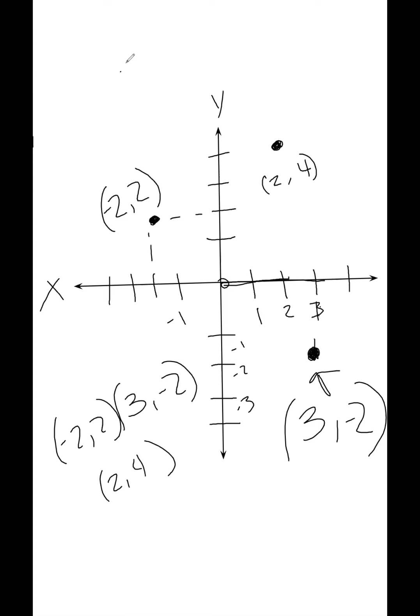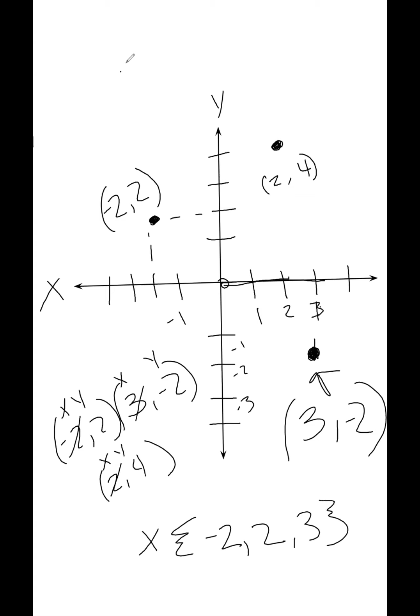Once you list your points, after you've looked at them, just label your X and your Y. And again, it's just asking you to list those numbers, your X values with the fancy brackets, least to greatest: -2, 2, and 3. Your Y values are -2, 2, and 4. And then you're done, and that's it.